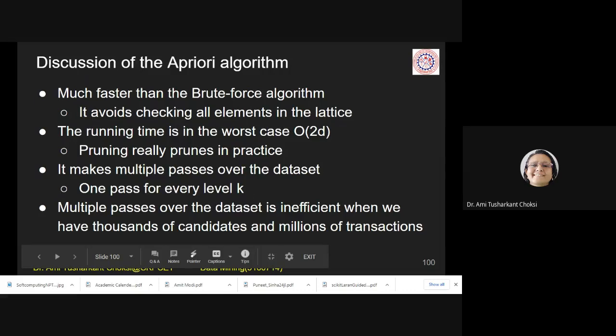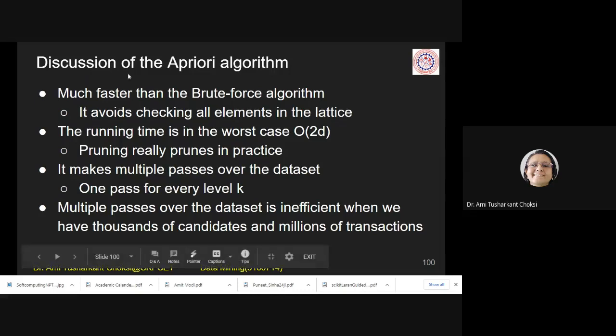Multiple passes over the data set is inefficient when we have thousands of candidates and millions of transactions.